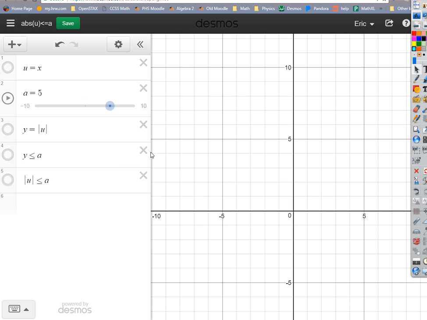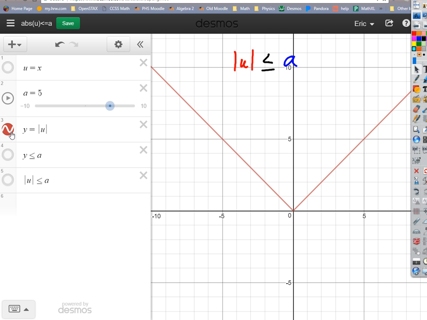Okay, so this time let's try something like the absolute value of u less than or equal to a. Let's see what that looks like. So now there's my absolute value function.